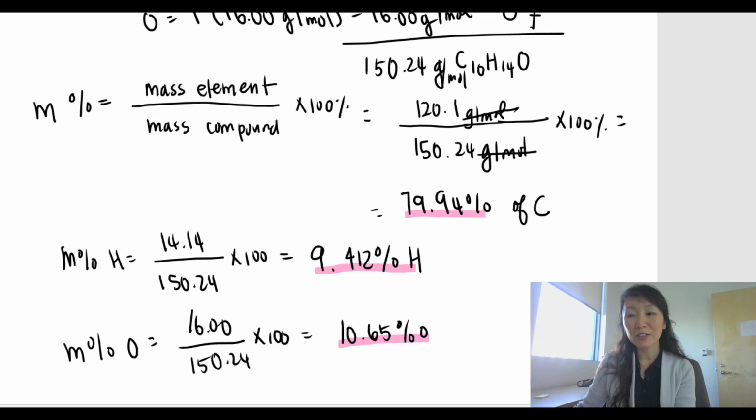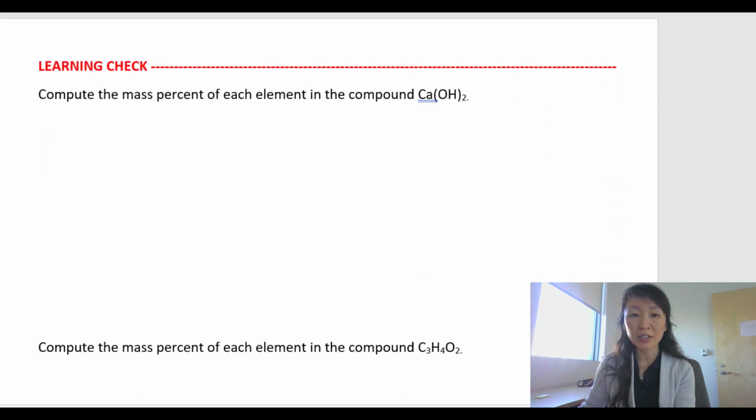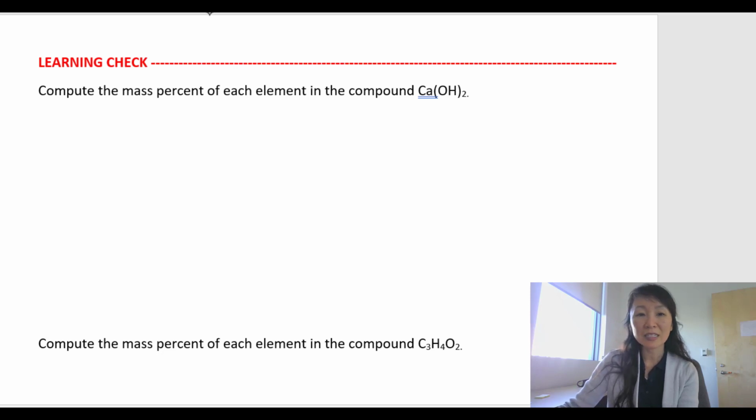We're going to do a learning check based on this, so go ahead and try this learning check right here. Here it says compute the mass percent of each element in the compound calcium hydroxide. I'm going to set you up a little bit and then you're going to try this on your own. First we find out how many atoms of each element the compound contains. For calcium, there's just one of them.